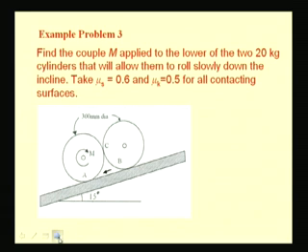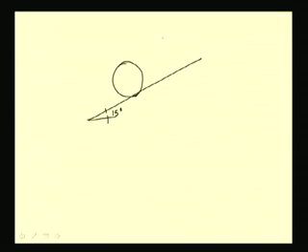So, with this, let us draw the free body diagram. We have the incline at 15 degrees, the two rollers, and the point of contact for the roller.